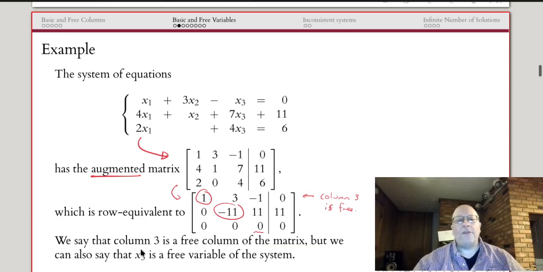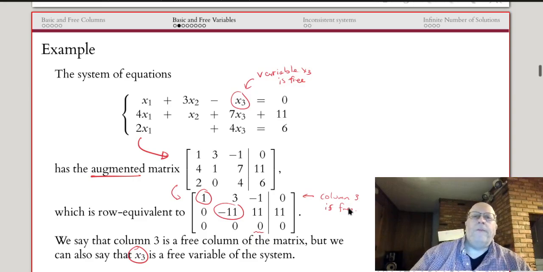But we could also say that the variable that corresponds to that column, which is x3, is free. So we can do this either way.